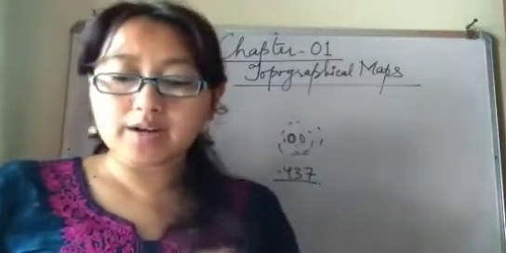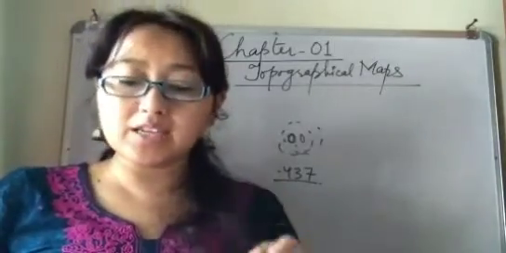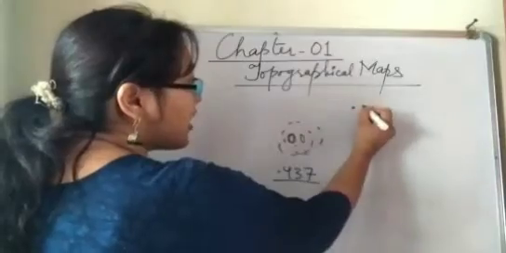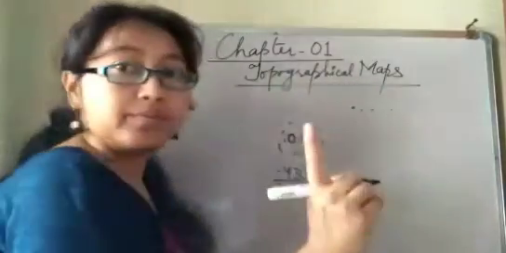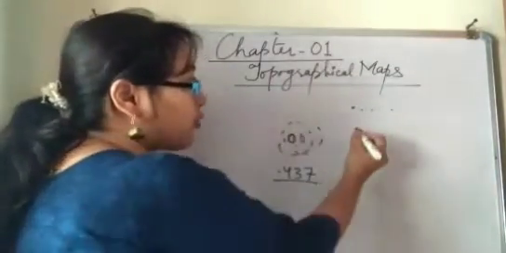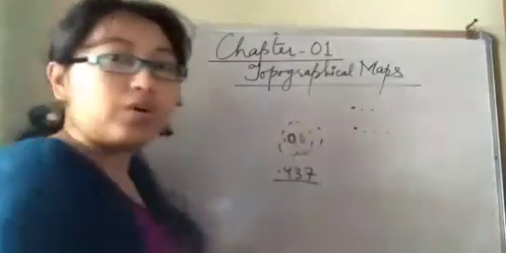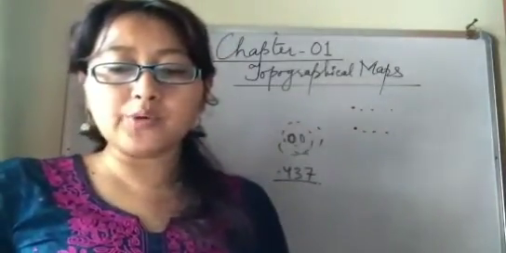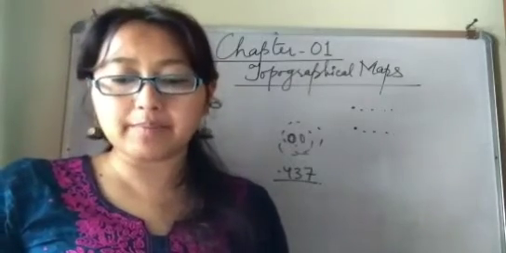Highest point means the spot height with the highest number, right? And lowest point means the spot height with the lowest number. So you are going to mention that, and the location also on the map.